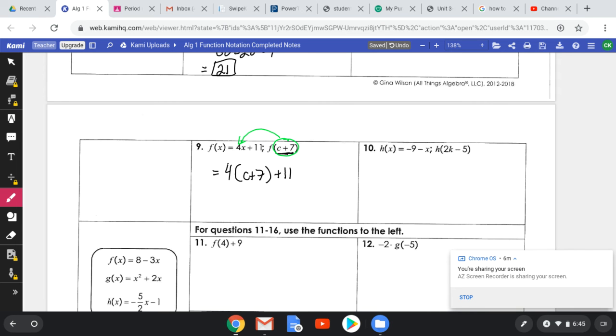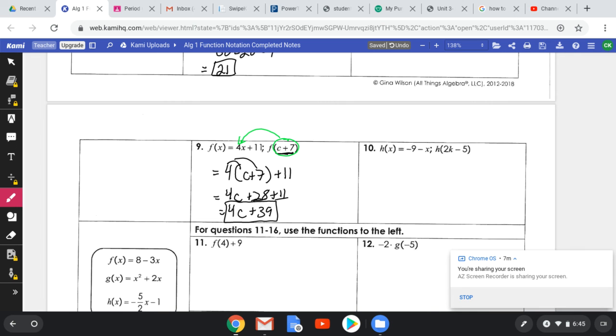So distribute: 4c plus 28 plus 11. 4c, and then 28 and 11 gives me 39. And that would be your final answer. That is different from the other problems where your finished answer was a number, whereas here, because you were given an expression, you're going to end with an expression too.